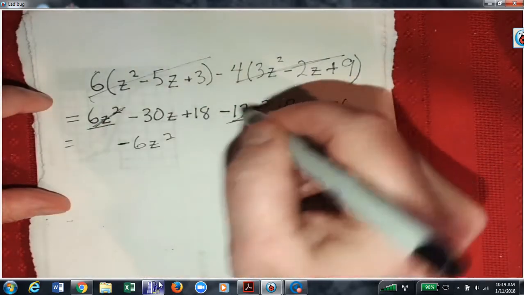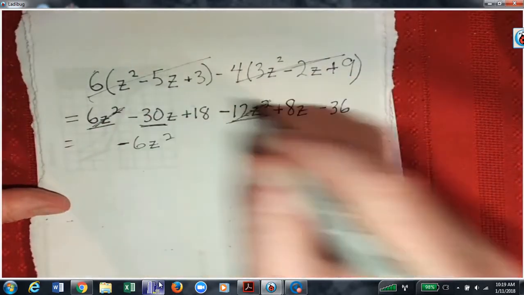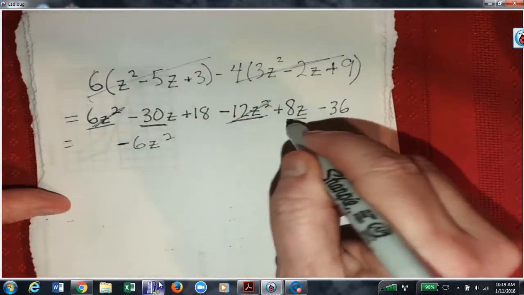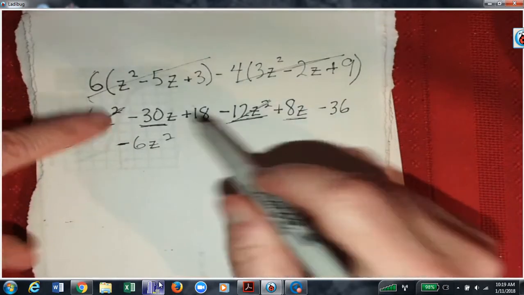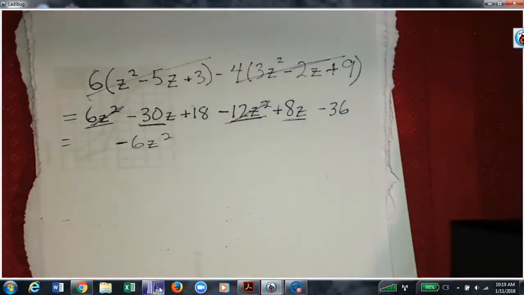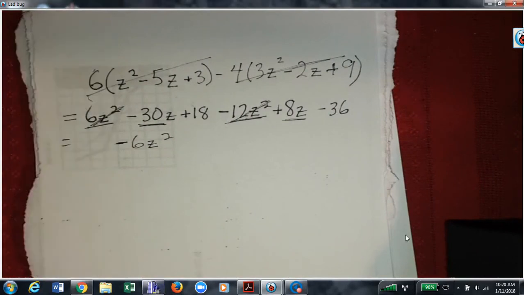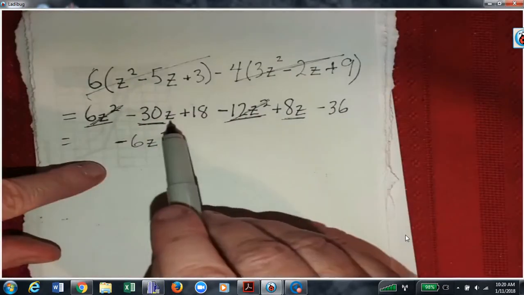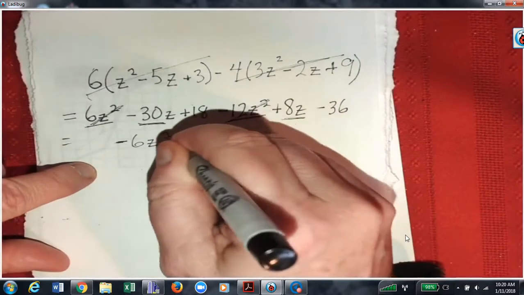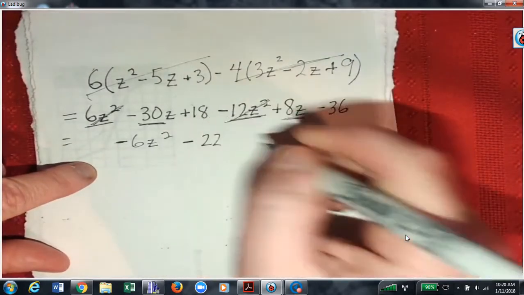So I've taken care of those. Now I have a z term here, and I have a z term there. Negative 30z plus 8z. Well, what's negative 30 plus 8? Negative 30 plus 8 is negative 22. And so negative 30z plus 8z is going to be negative 22z.